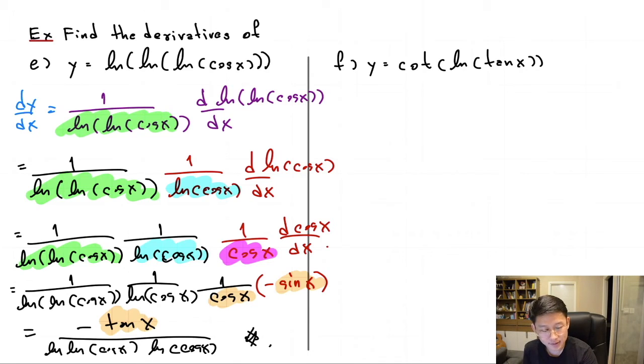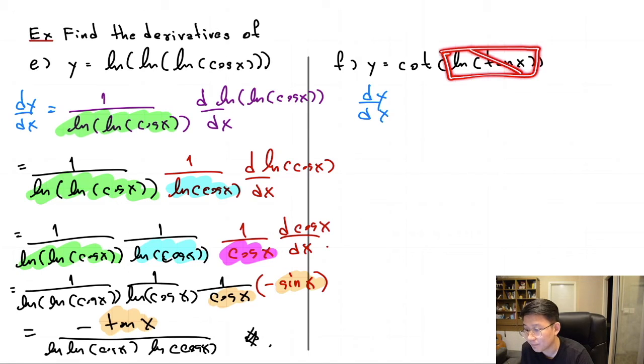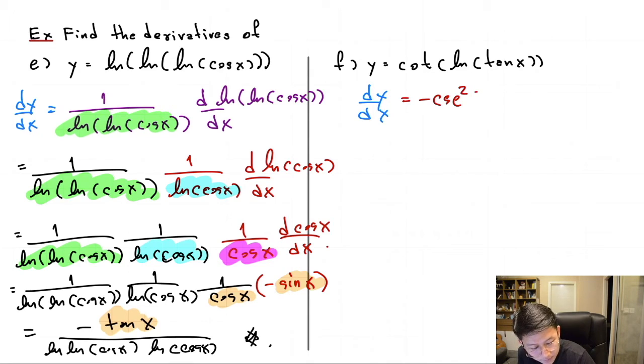The next one. dy by dx. Guys, again, we look at this as a big X. So, the derivative of cot is minus cosec squared, right? So here, what is it? Minus cosec squared of this guy.